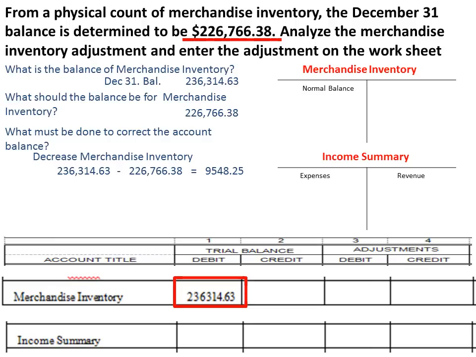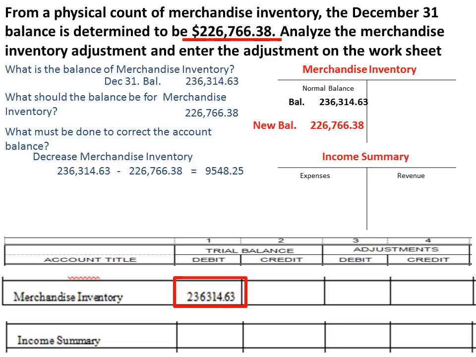So for this balance, and this is a little tricky, we started with a balance of $236,314.63. Our transaction told us that we ended the fiscal period with $226,776.38. So we need to make the difference. And as we talked about earlier, we need to decrease merchandise inventory.